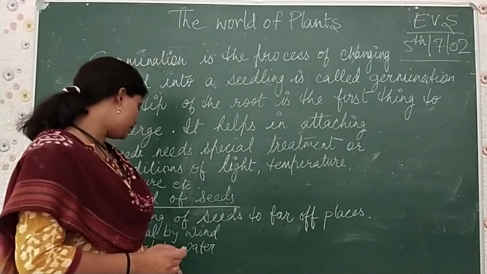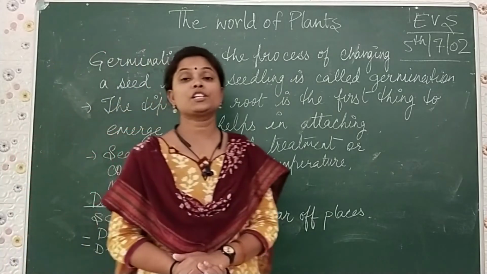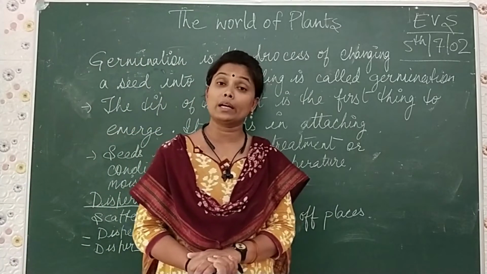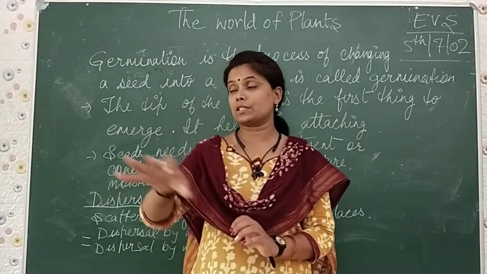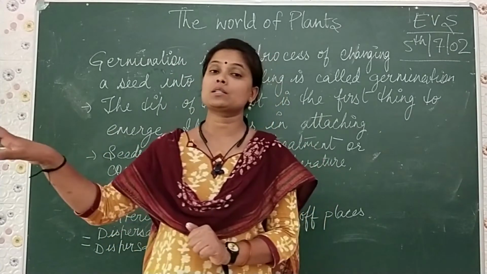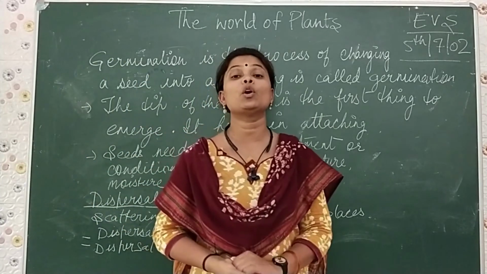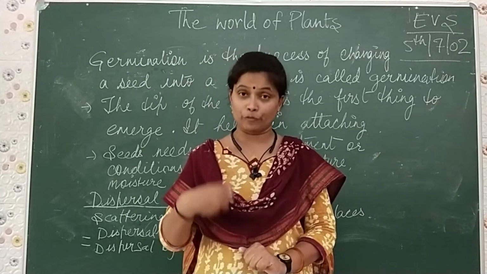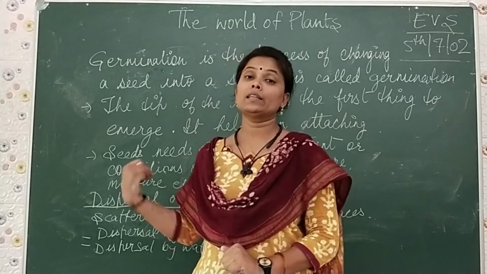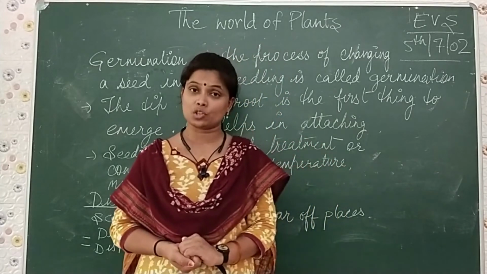The second method is dispersal by wind. Now how does it happen by the help of wind? The seed is dispersed or blown away from the tree. As the wind blows faster, in forest areas you find wind dispersal much.